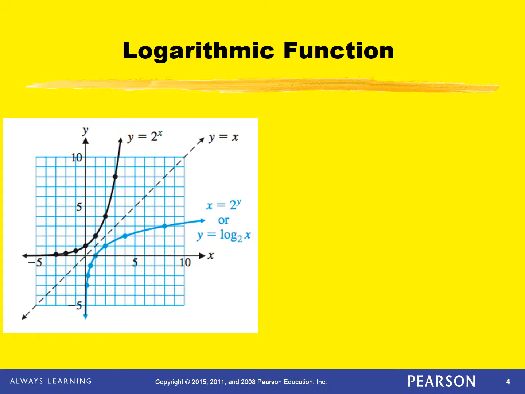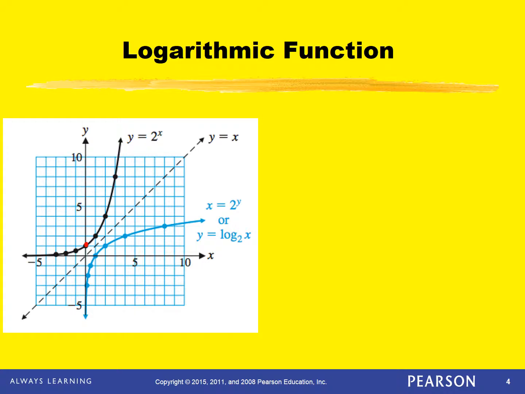So here you've got the familiar graph, y equals 2 to the x, an exponential function, explodes for positive values of x. And then, well, what do we know about inverses? They are reflections of each other through the line y equals x.